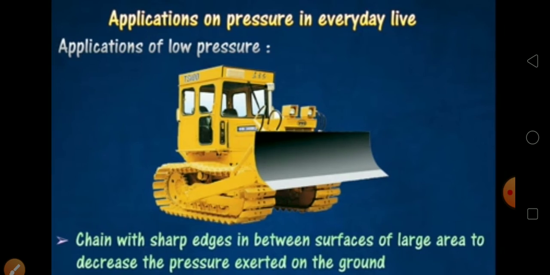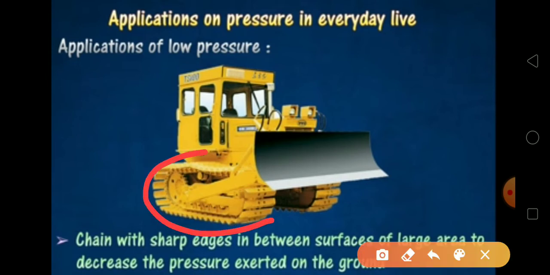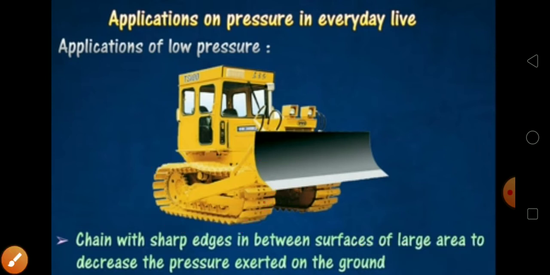Okay children, chains with sharp edges in between surfaces of large area decrease the pressure exerted on the ground. Here you can see the area is more. As the area is more, the object applies less pressure. For that reason, heavy objects can exert less pressure as they have very big areas.